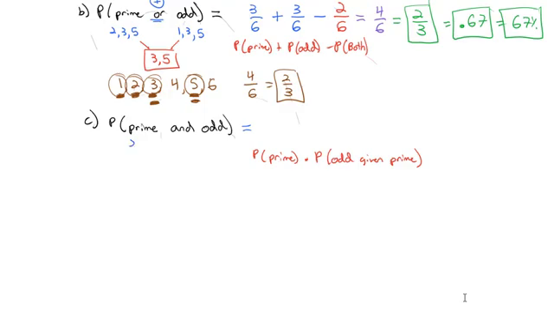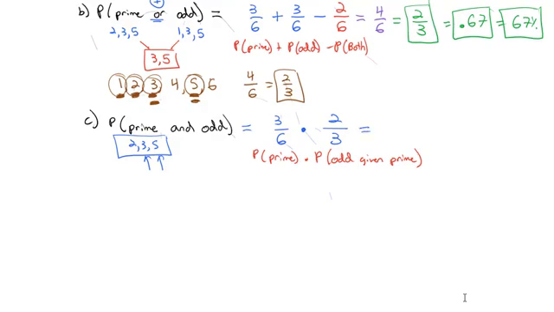The primes we said are 2, 3, and 5. So there are 3 out of 6 primes, times the probability of odd given it's a prime. So if I just look at the primes, there are 3 to choose from, and 2 of them are odd.